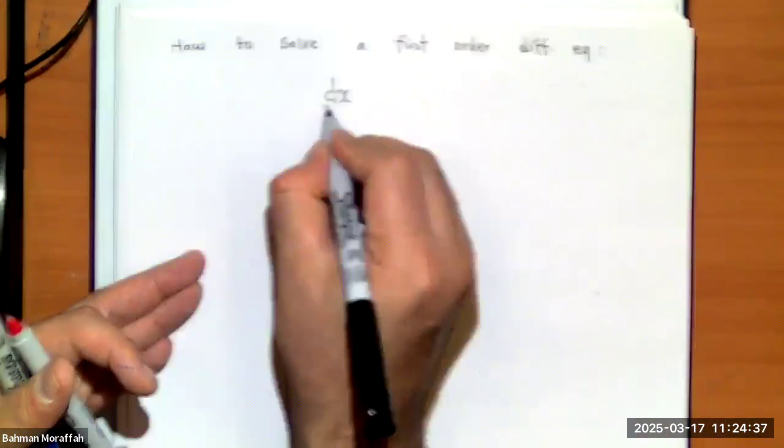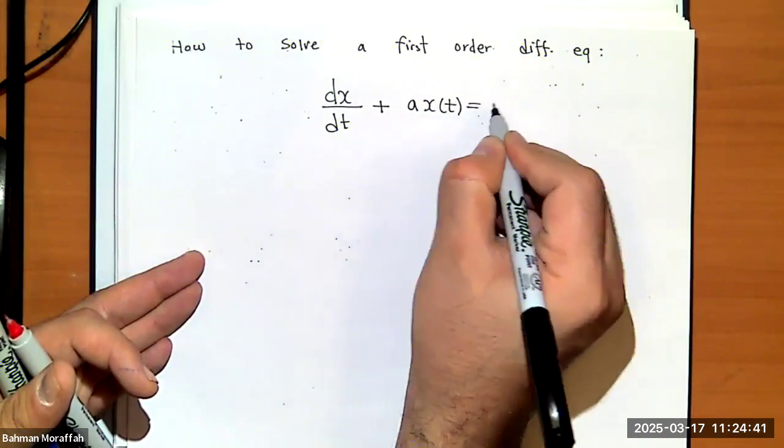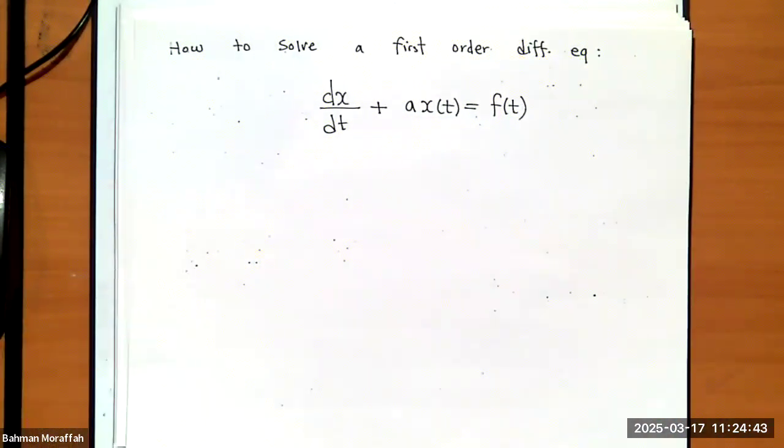Let's just call it dx/dt plus a x of t equals f of t. The very first thing that we talked about is that this differential equation has infinite solutions. So to make that solution unique, we're going to have some initial conditions, right? But let's table that for a second. Now let's just talk about the solution in general.